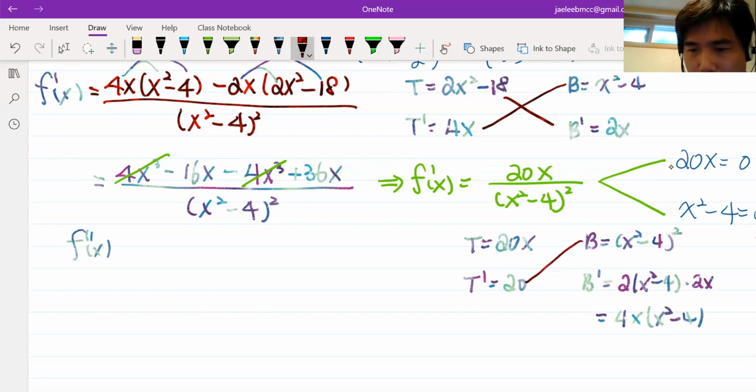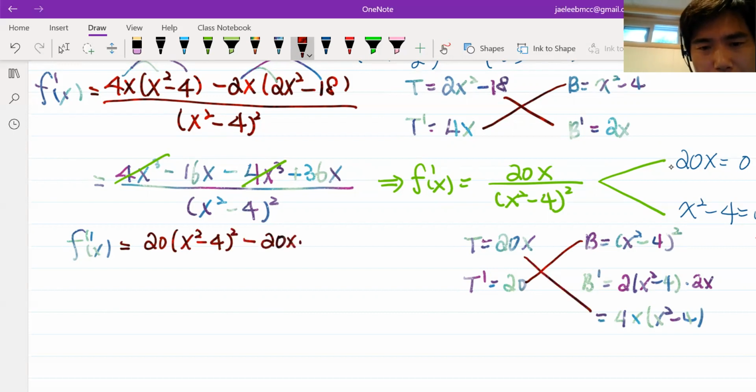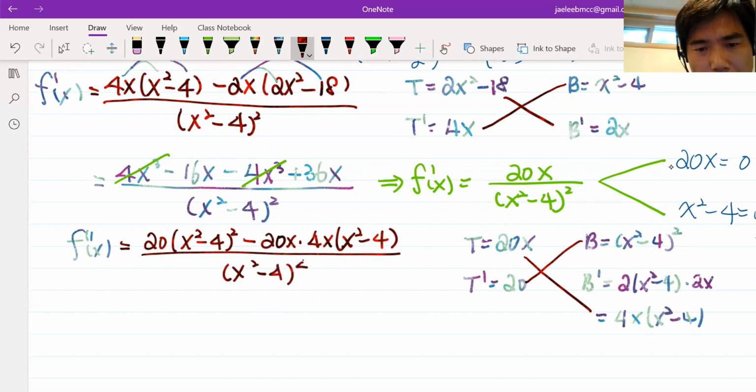Same thing, we do this direction first, so this becomes 20(x² − 4)² − 20x · 4x(x² − 4) over (x² − 4)⁴.